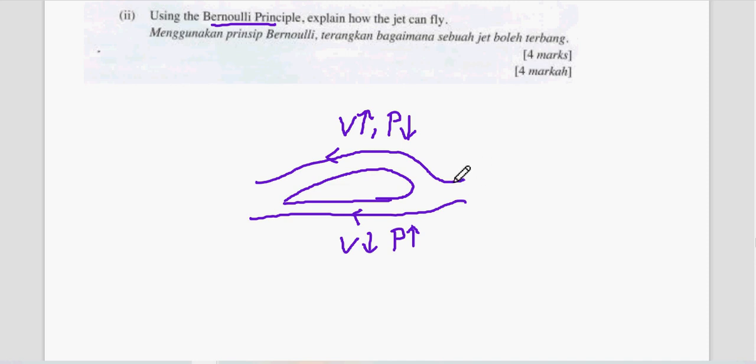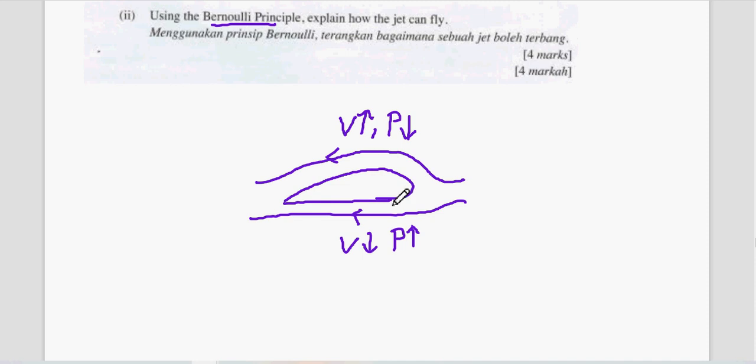So this is a funny story. The air on top needs to move faster so that they still meet their friends behind here. Why do they need to move faster? Because the aerofoil shape's upper part is longer, so the top must run faster. Oh, that is a joke. Don't write like that. You just need to remember.